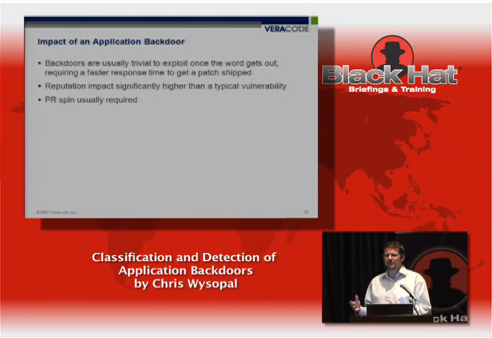Not only are they writing insecure code, but I can't even trust their development team. They have people there intentionally putting bad things in their software, and then I'm going to use it. So it ends up being a much worse PR problem for companies if backdoors are discovered in their software.